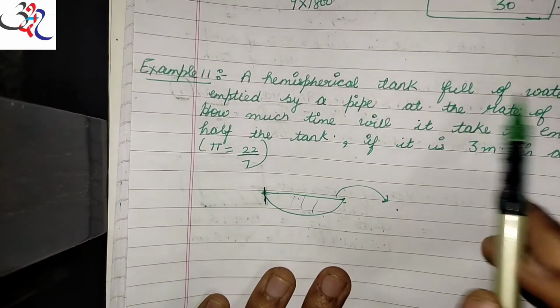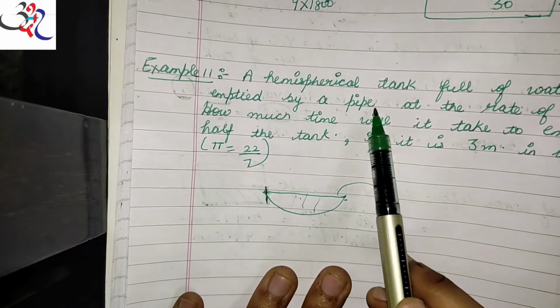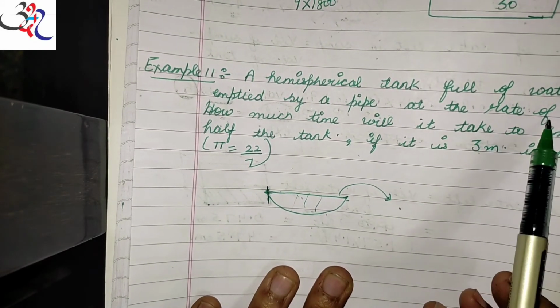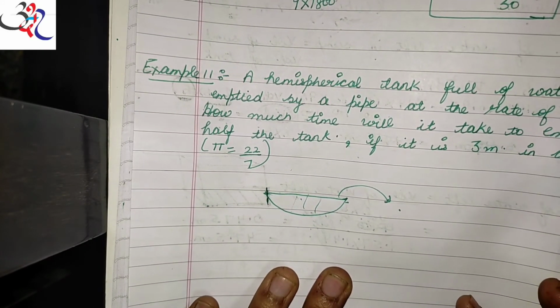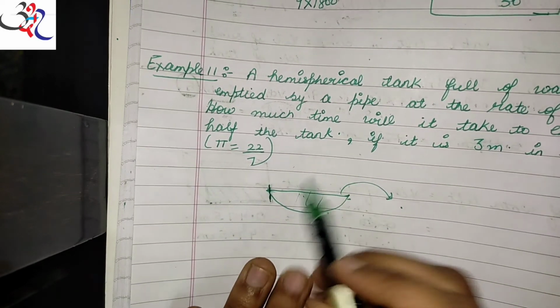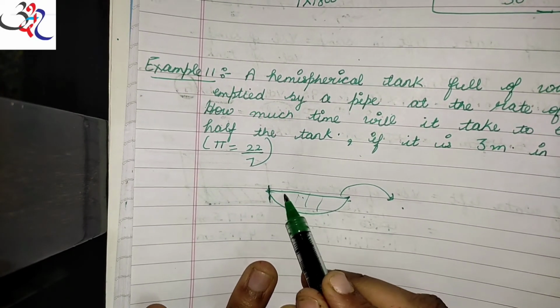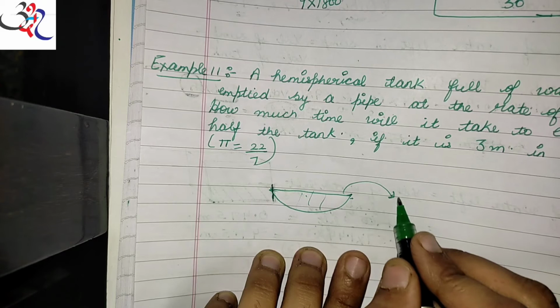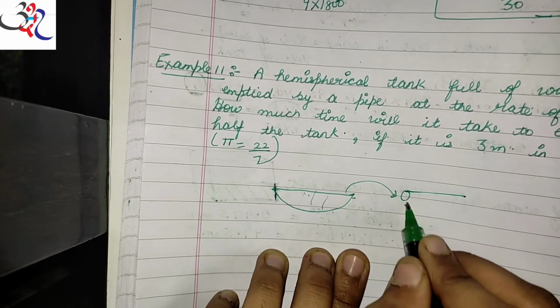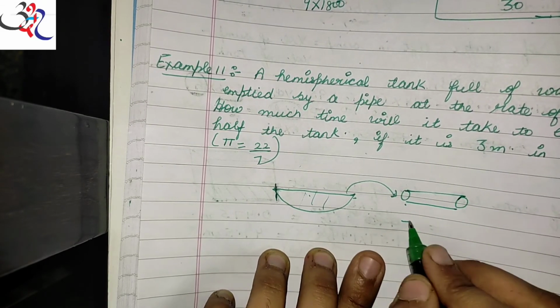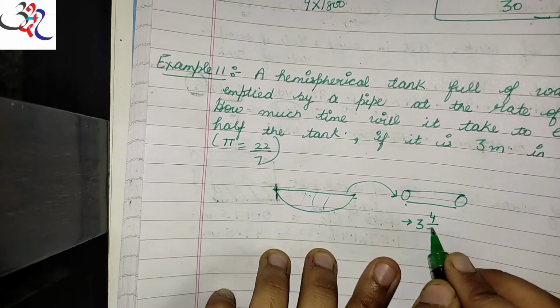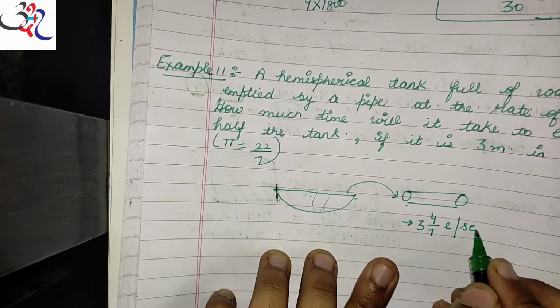A hemispherical tank full of water is emptied by a pipe at the rate of 3 and 4 by 7 liter per second. So there is a hemispherical tank which is being emptied by a pipe at the speed of 3 and 4 by 7 liter per second.